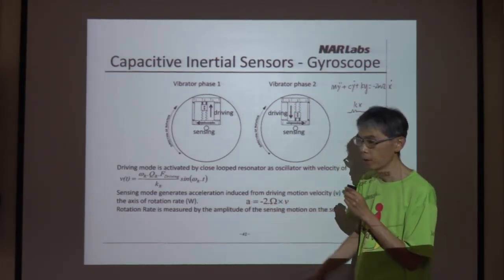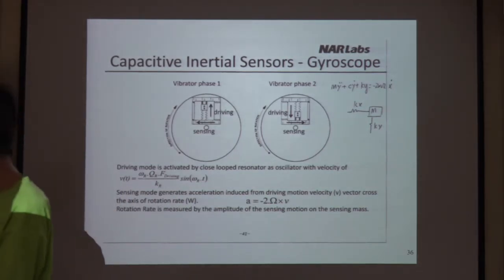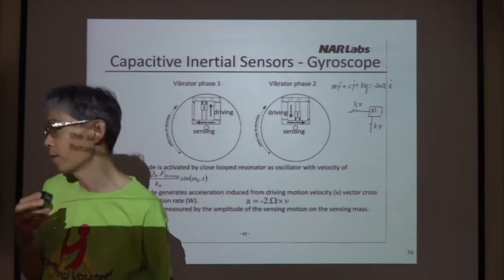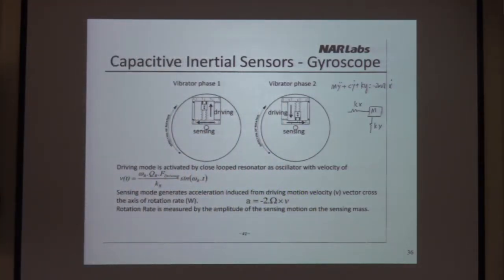This one is important. If we have a mass vibrating in two dimensions, like 1D and 2D vibration, so now if we have a velocity in this direction, but also we apply a rotational speed while this one is moving straight.